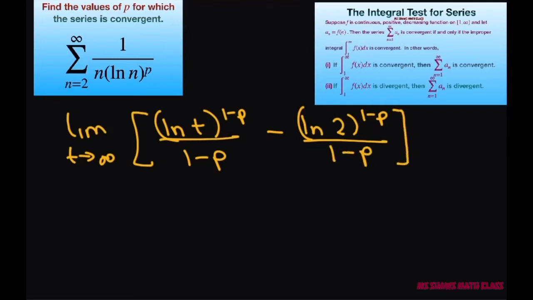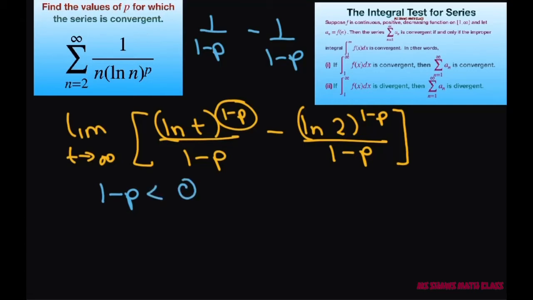This limit only exists if the first term goes to 0, so we want 1 minus p to be less than 0 for it to have a limit. Solving for p, p must be greater than 1. Therefore, the series converges for p greater than 1.